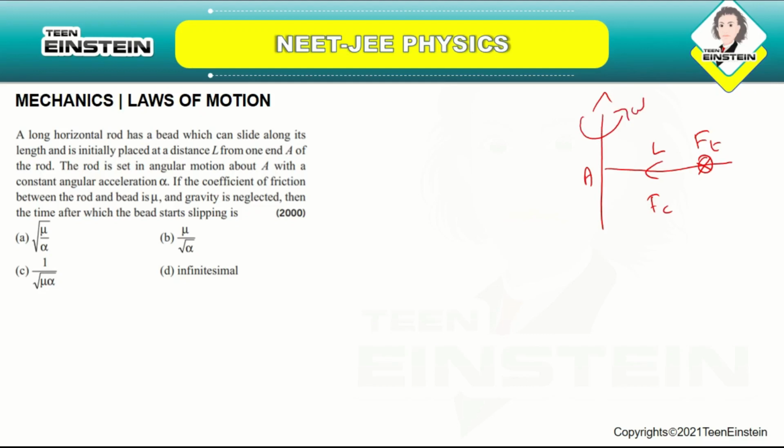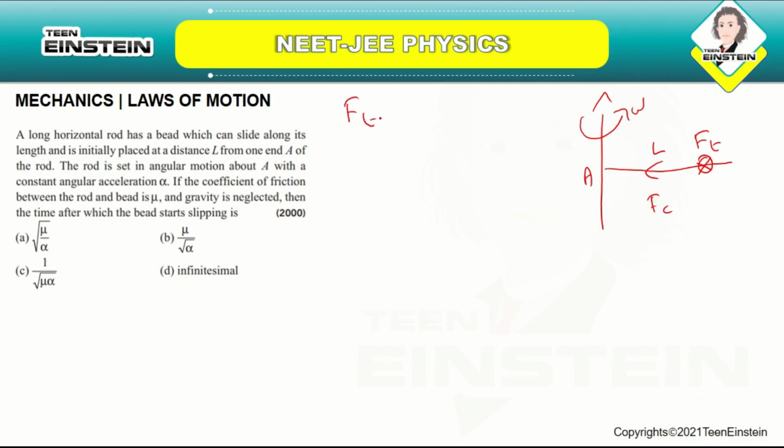So the tangential force Ft of the bead will be given by the normal reaction N. So centripetal force Fc is provided by the friction Fr. Okay, so the bead starts sliding when the centripetal force is just equal to the limiting friction.